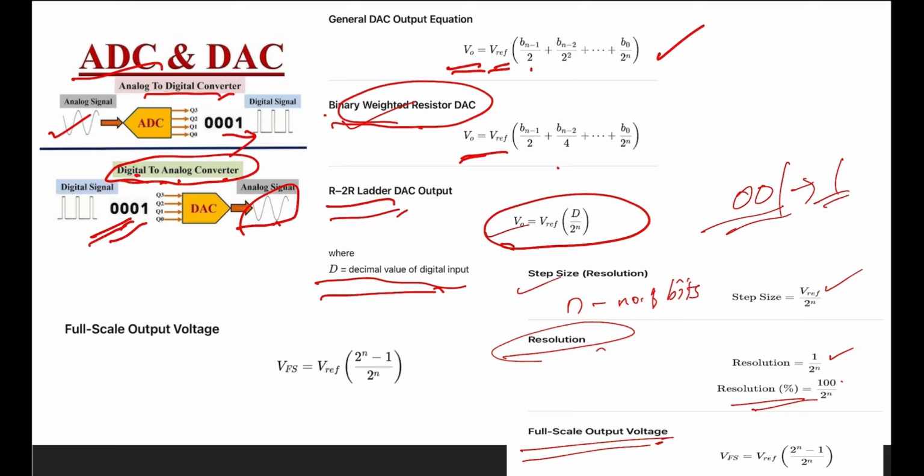Another important equation is the full scale output voltage VFS, which equals V reference into 2 raised to n minus 1 divided by 2 raised to n. These are some important equations required for solving DAC problems.